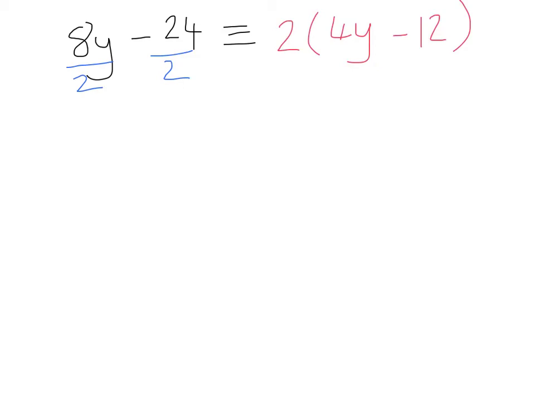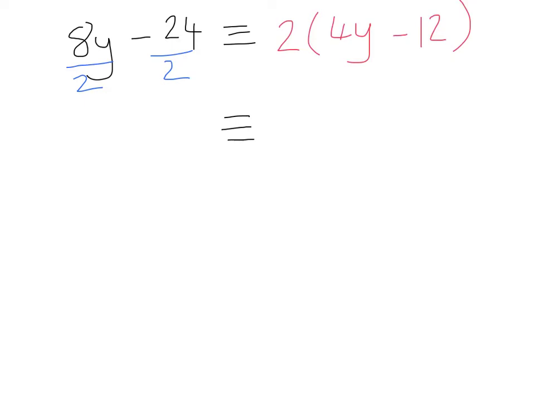Then once you've done that, take a look at what's still inside the brackets and ask yourself, is there another number that can divide into both 4 and 12? Well, in this case, again, the number 2 will divide into 4 and the number 2 will divide into 12.